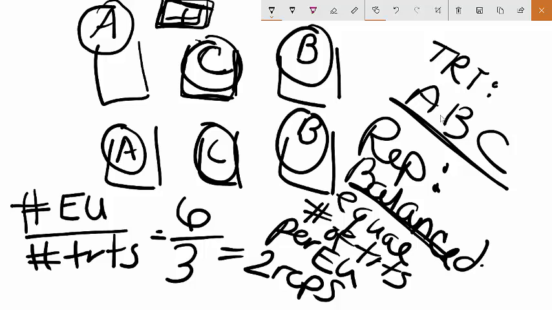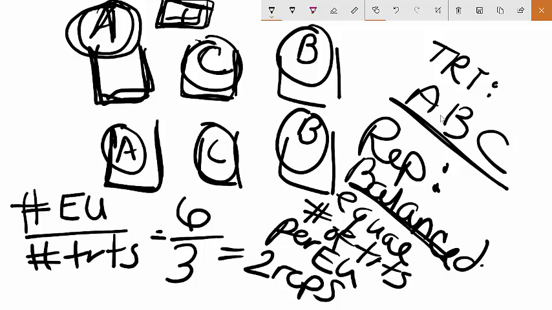That replication, again, allows me to describe the unexplained variability. What I mean by that is that this container right here and this container right here should be exactly the same. We set it up, we put the water in, we start with very similar homogeneous sets of shrimp. We put in treatment A, they both receive A. Any differences among these 2 EUs is background noise, unexplained variability.